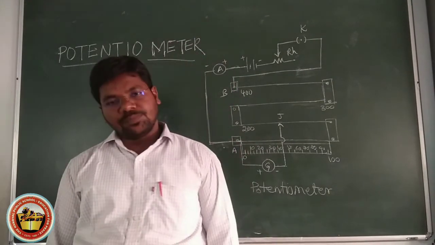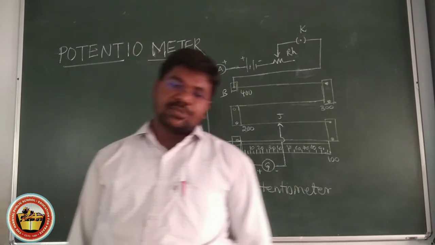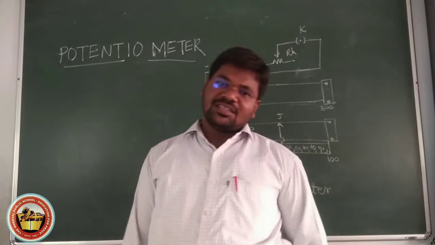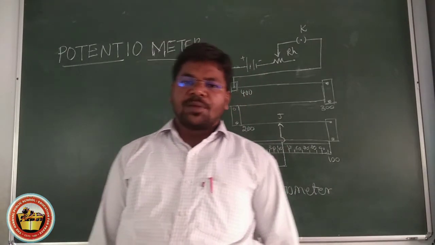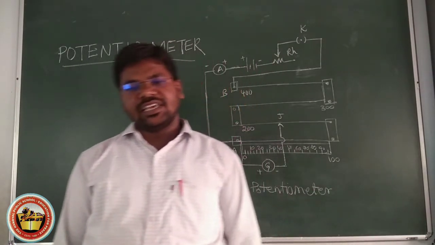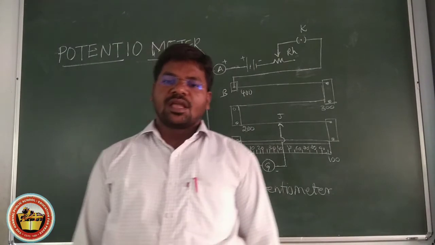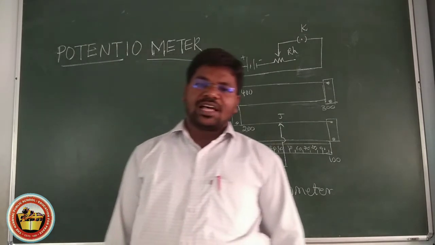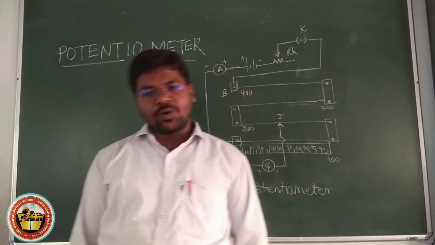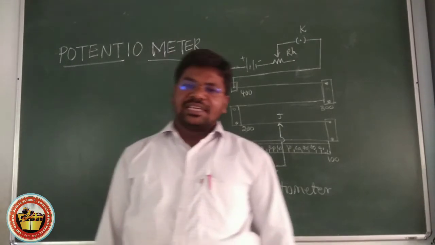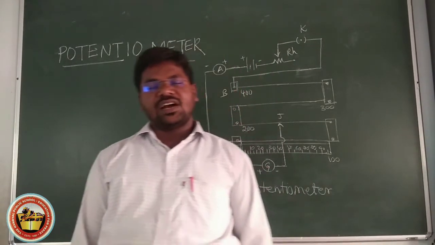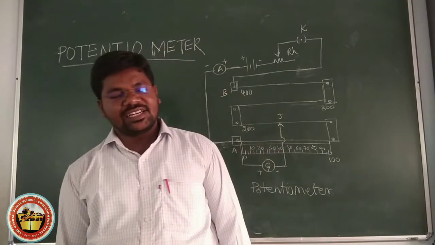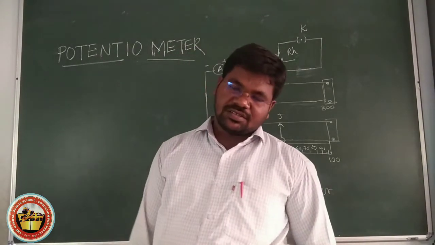Coming to the principle. It is based on the fact that the fall of potential across any portion of the wire is directly proportional to the length of that portion, provided that the wire is of uniform area of cross section and constant current is flowing through it.